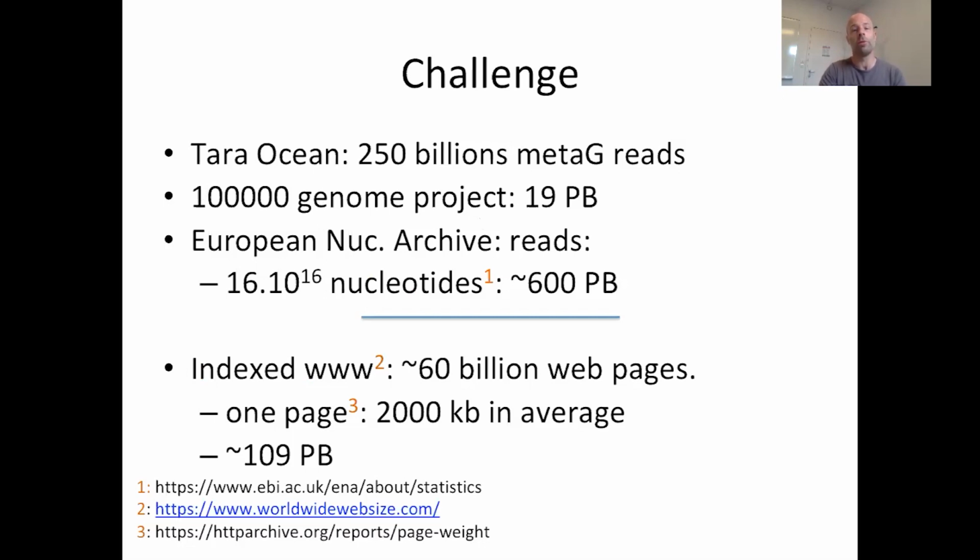And of course, the ultimate goal would be to be able to index and query the whole EBI European Nucleotide Archive reads. And here we have approximately today 600 petabytes of data, and it evolves very quickly.